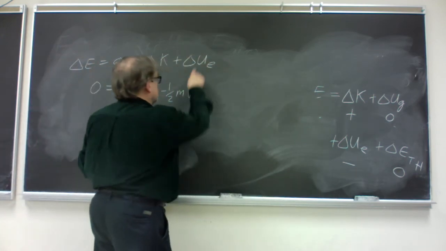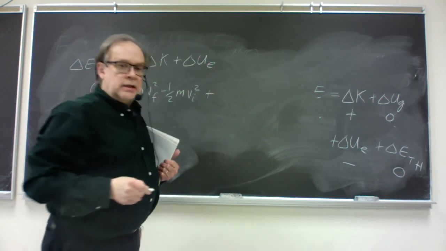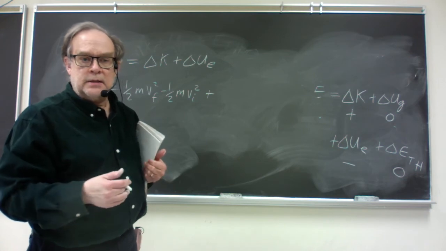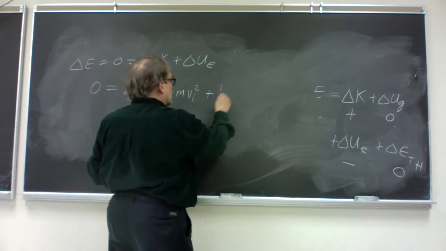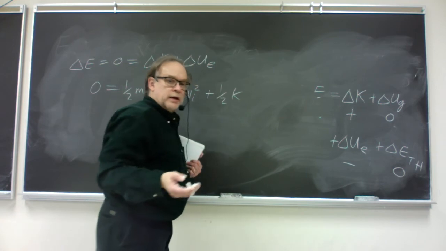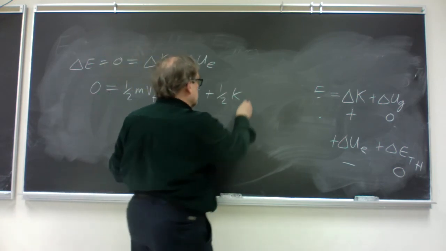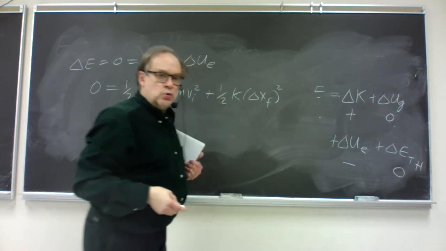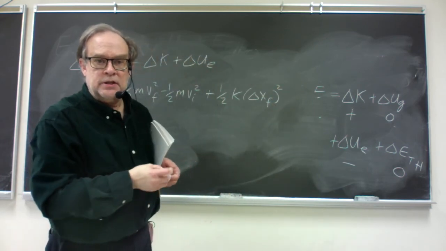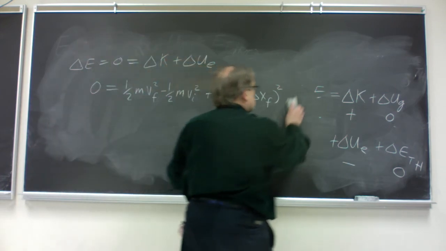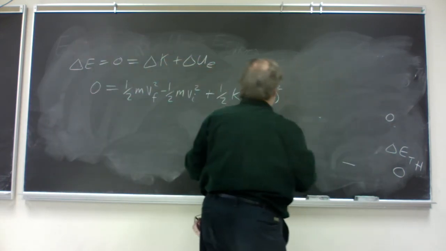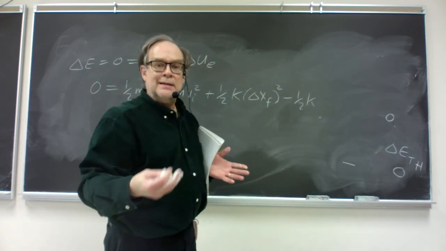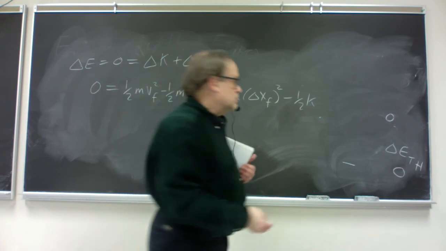And then similarly, write out the change in elastic potential energy in detail. Write it out in terms of the k's and the displacements. So 1/2, whatever the k value of that spring is, times the final displacement squared, the displacement when the system gets to the final state, minus 1/2 k times the initial displacement squared.